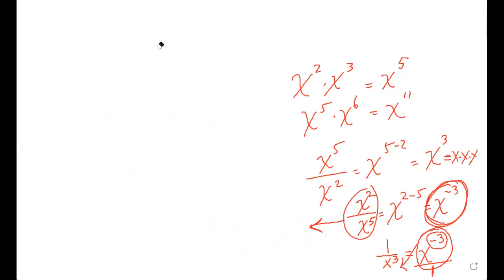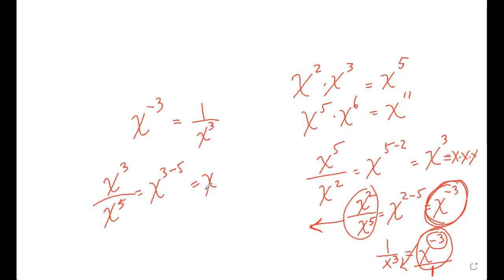On the left side here, x to the minus 3 is going to equal 1 over x to the plus 3. And if you want to do this, x cubed over x to the fifth power is x to the 3 minus 5, which is x to the minus 2. And we say that's going to be 1 over x to the plus 2. So that is the rule.